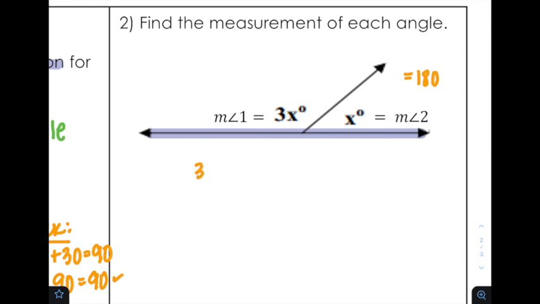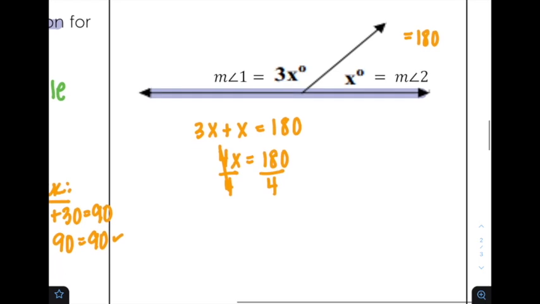So if I do 3x plus x equals 180, I would start to combine my like terms. 3x plus x is 4x, and then it equals 180. I divide both sides by 4. I am left with x equals 45.